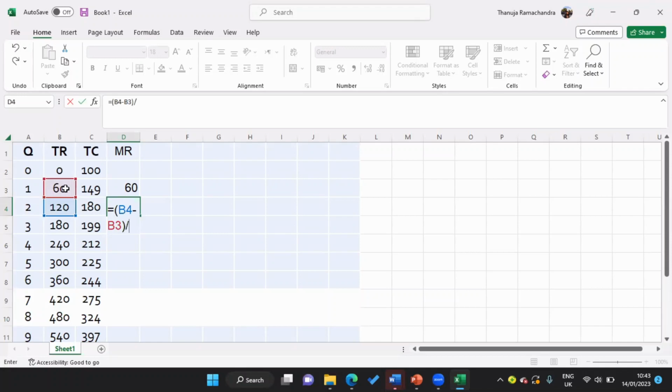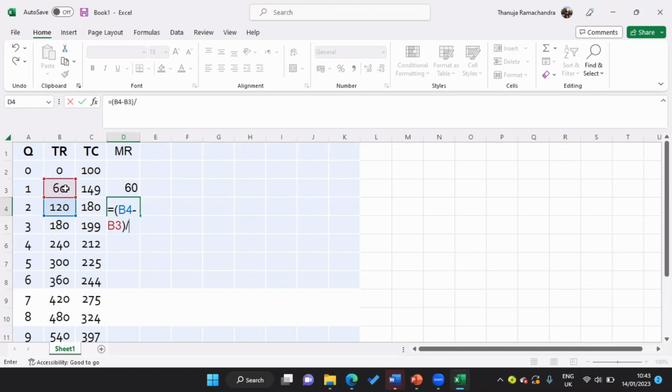And that has to be divided by the change in the output level, because marginal revenue means when the output changes by an additional 1 unit, what is the additional revenue? Marginal revenue means additional revenue, marginal cost means additional cost, marginal product means additional product, resulting due to change in output. Marginal cost: output changes by 1 unit, so how much is the additional cost?